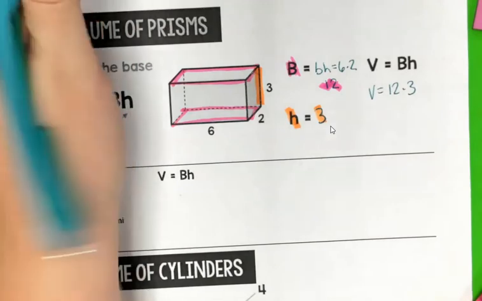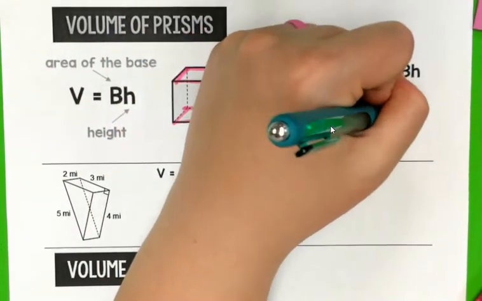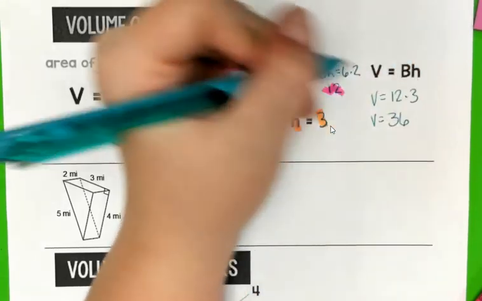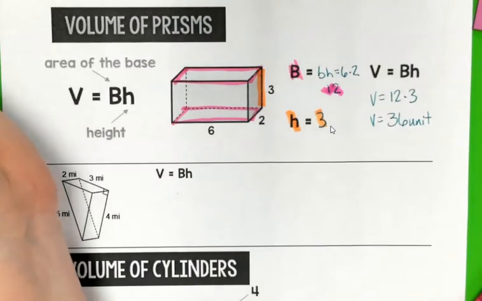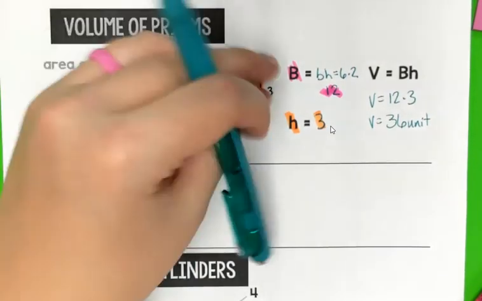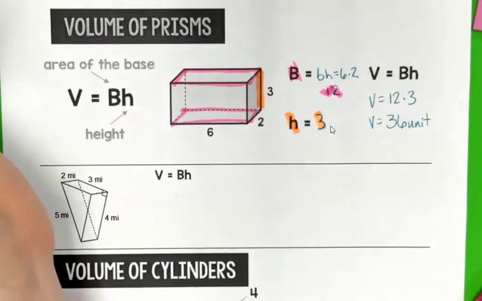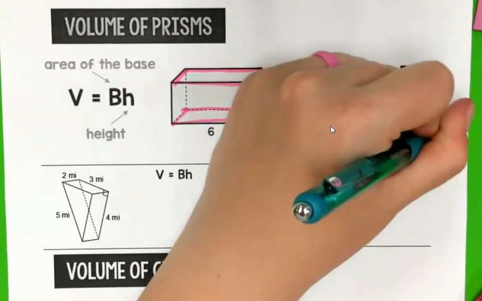So much easier than surface area. So 36. And then volume is like, what cubic units could fill the inside of the shape. So it's actually going to be units cubed.